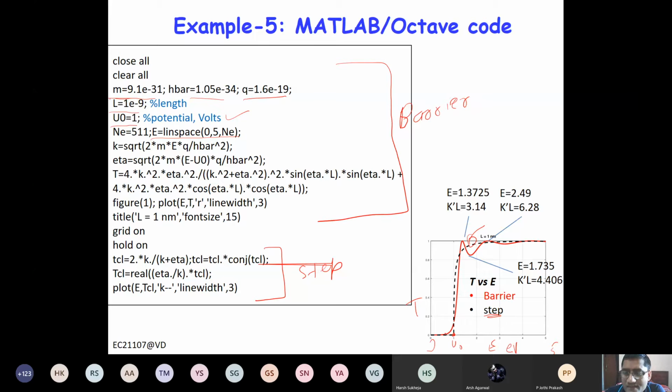Okay, so please listen carefully. This energy is in electron volt. So U naught is the potential, not the potential energy. Potential energy will be q times U naught, right? And similarly, the energy of electron will be q times E, because here I am defining it in terms of electron volt. So E is 0 to 5 electron volt. So I have to multiply this by q. If you have heard it, please write OK in the message box.